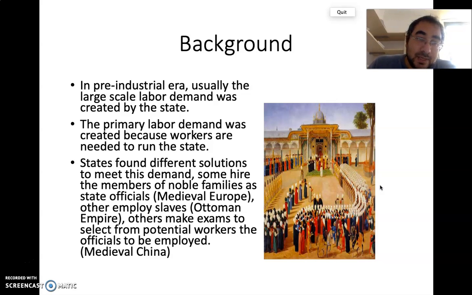And states might get higher members of the noble families or employ slaves, or there is a specific case in China where potential workers are chosen by exams. I mean, the earliest exams in history were done by China.